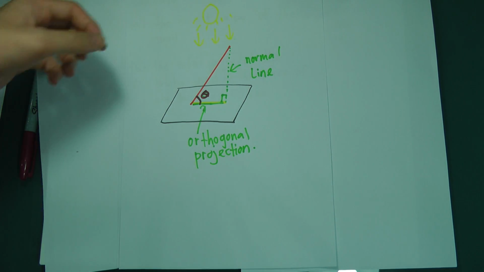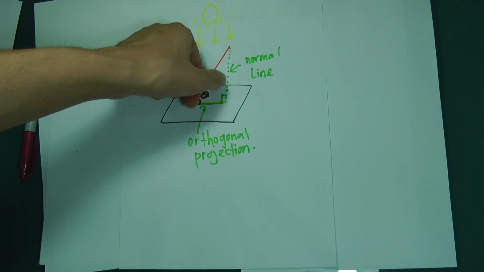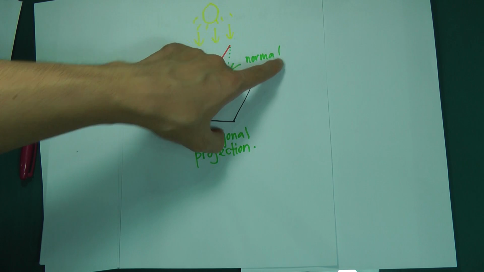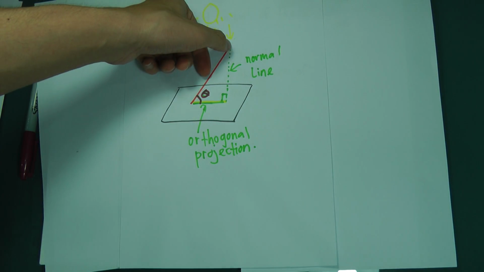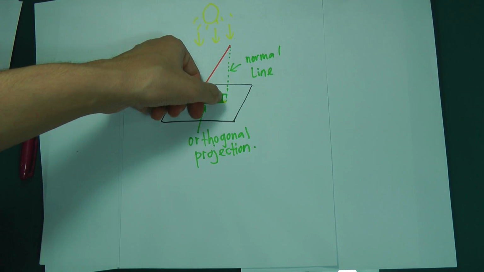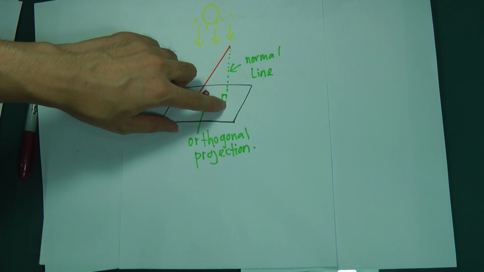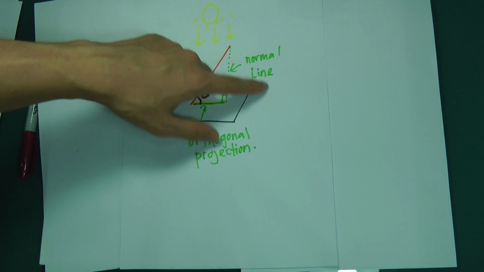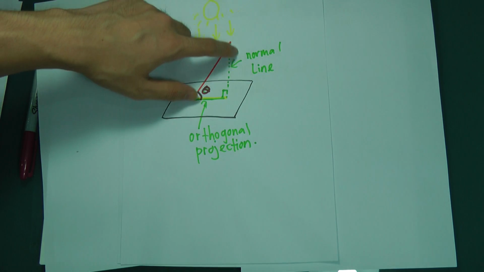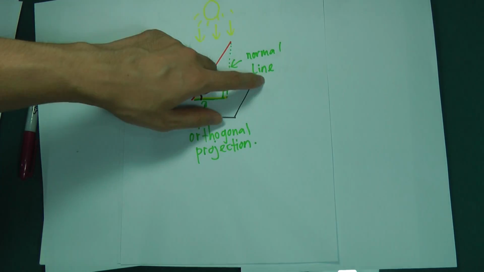And then you must imagine this normal line yourself. The normal line is the line that forms a 90 degree angle from this plane. This one we call the normal line.